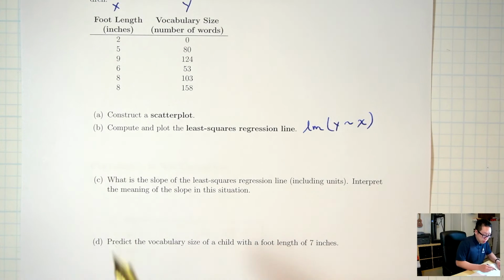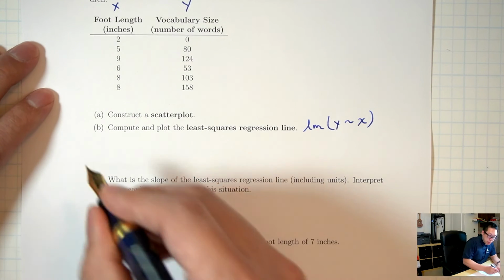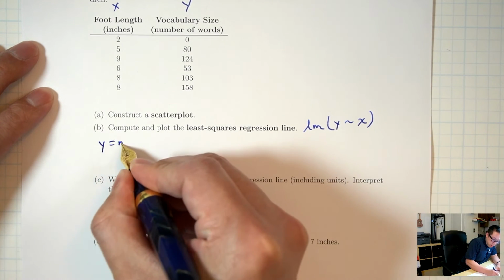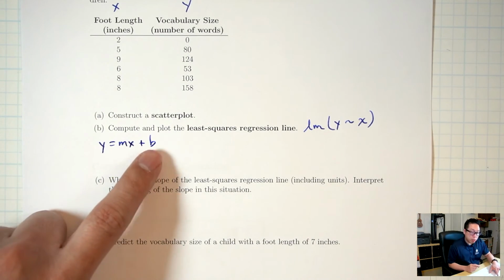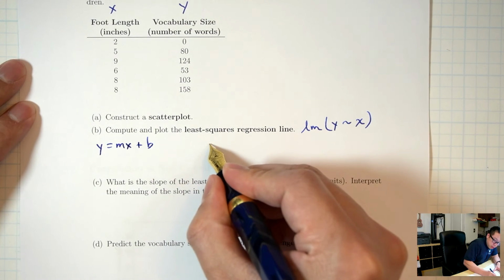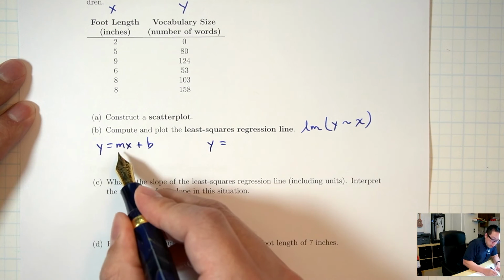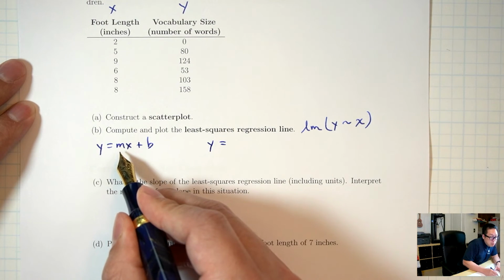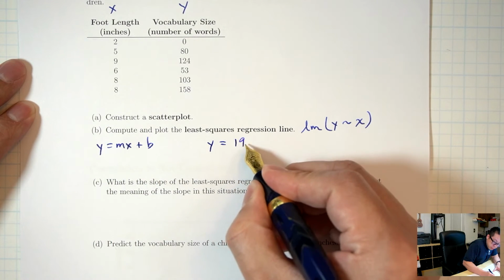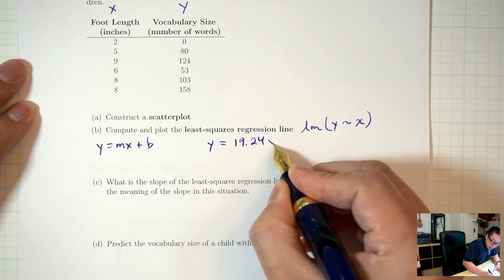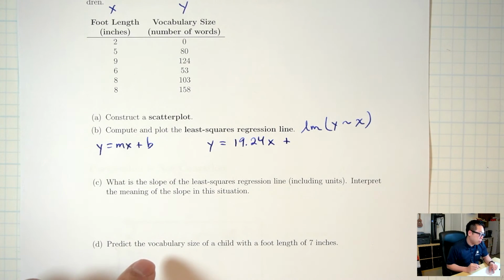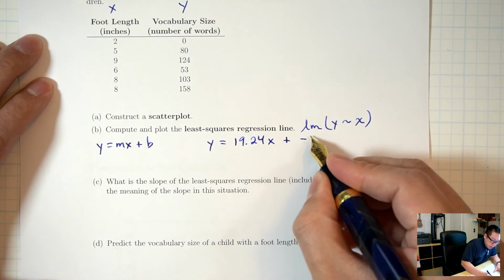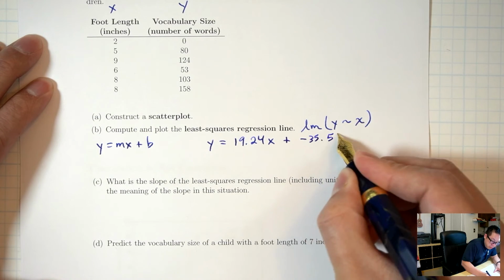So compute means write down the y equals mx plus b equation, but put the slope in for m and put the y-intercept in for b. So our equation is y equals, the slope is the second number, it was 19.24. Okay, don't forget the x. Plus the y-intercept was the first number, negative 35.52.